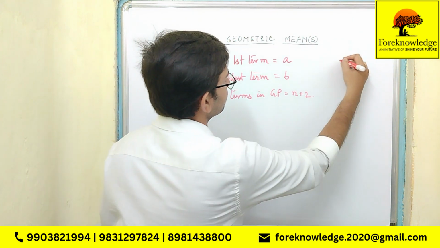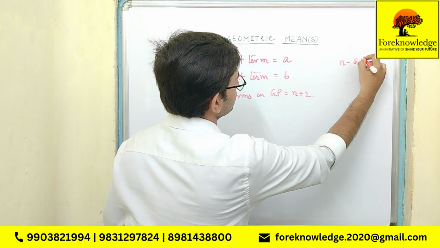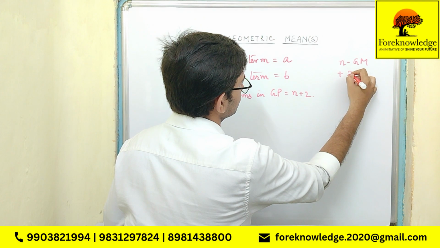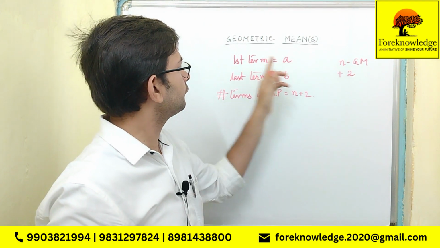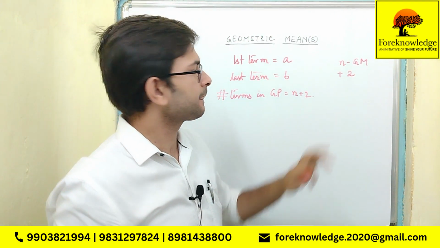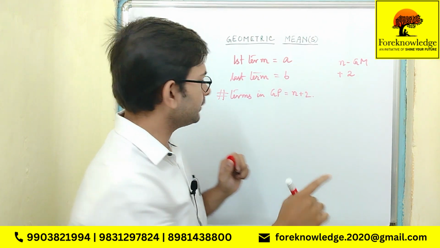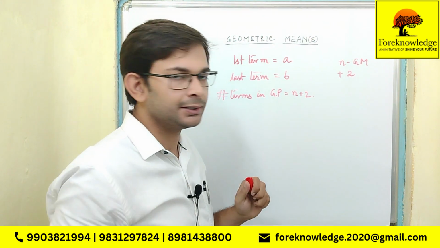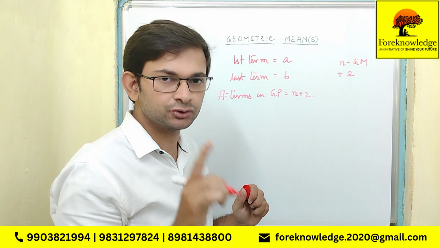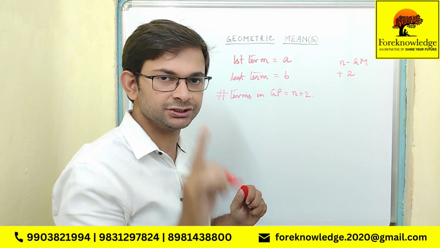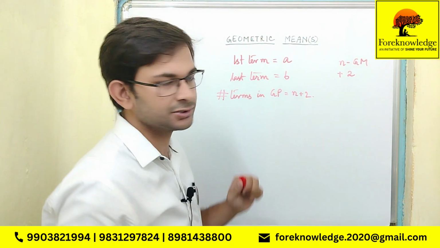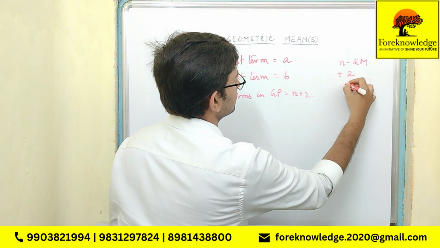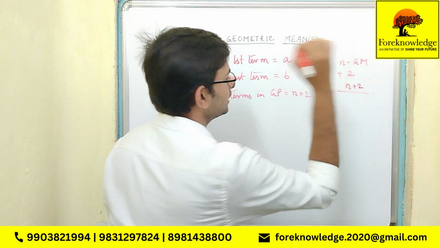Because we have n geometric means plus 2, for this A and for this B. We start with A, then n quantities G1, G2, G3 up to Gn, and the last term. So the total number of terms is n plus 2.